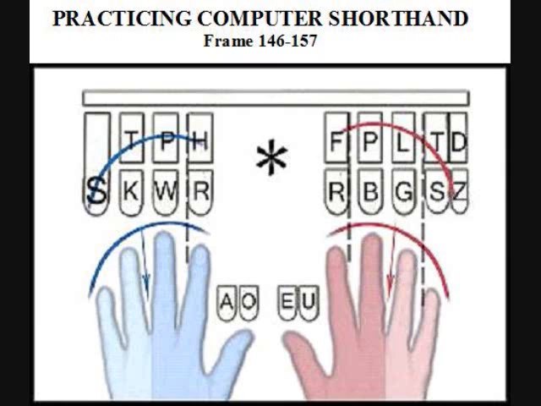Okay, and frame 157 is the final frame for this tape, and it's all punctuation marks.